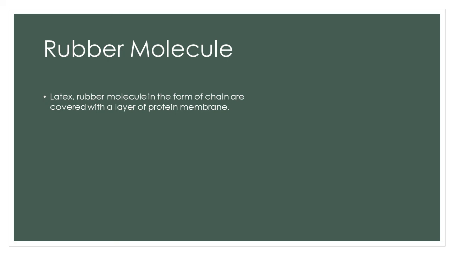But in latex, this long chain of monomers is covered by a layer we call the protein membrane. The protein membrane has charge. Negative charge surrounds the outer surface of the protein membrane. So we can say that the protein membrane is negatively charged.